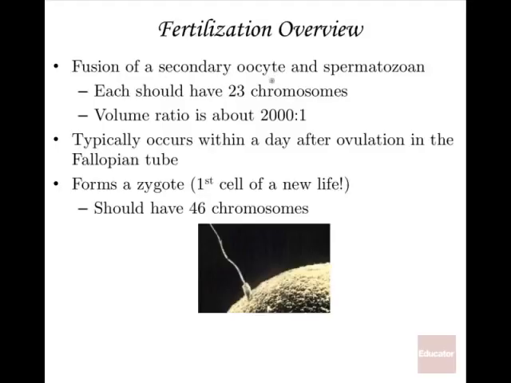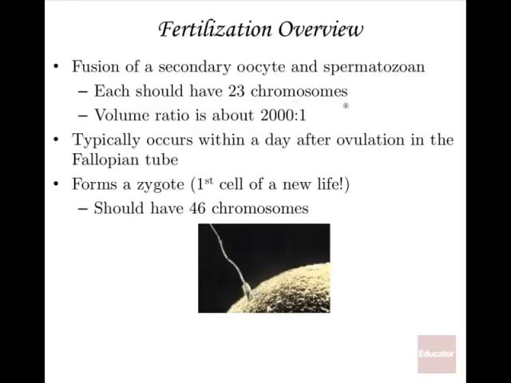And the secondary oocyte is a more technical term rather than just calling it an egg or an ovum. This is actually not completely done with meiosis, and I'm going to cover that a little bit in the future in this lesson. But once the spermatozoan makes contact with it, it will finish meiosis and then become that full-fledged ovum. And each of these should have 23 chromosomes.